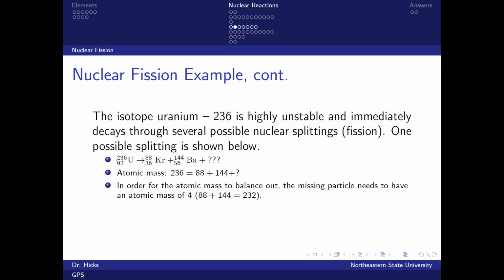It's 236 to start with. 88 and 144 add up to 232. So what's missing is an atomic mass of 4. So just as it stands with the krypton and the barium, there's not enough atomic mass left over. So I need an atomic mass of 4 for this missing particle.